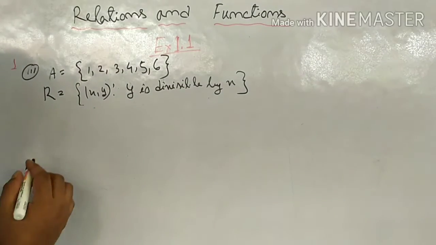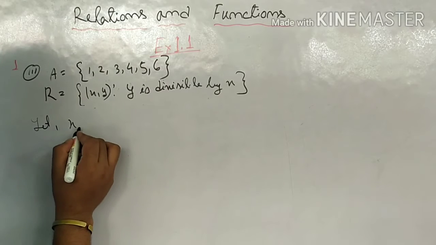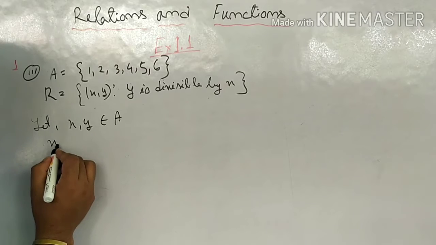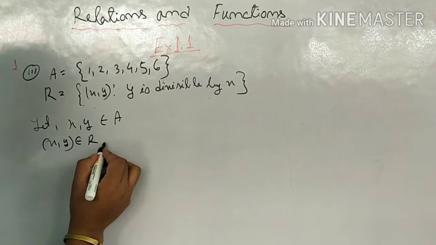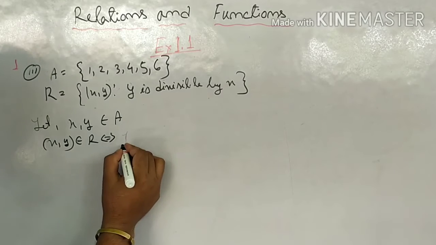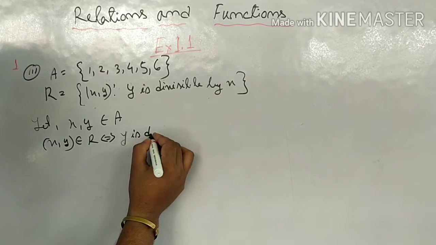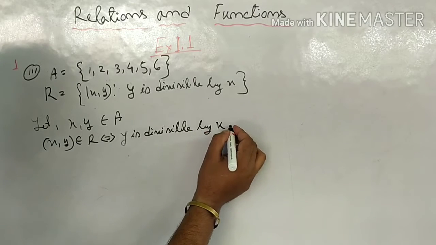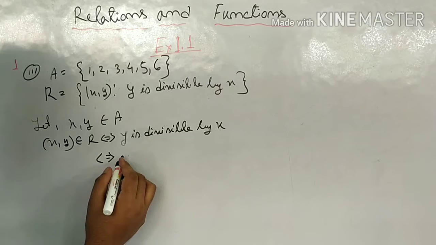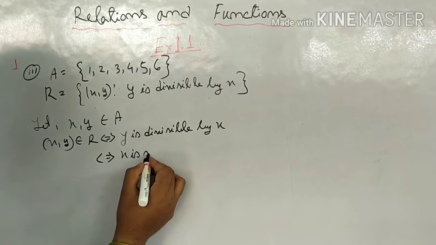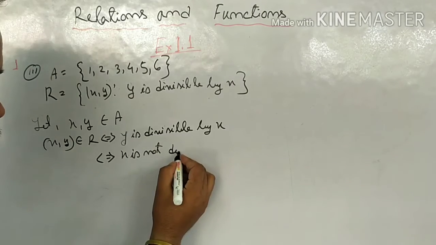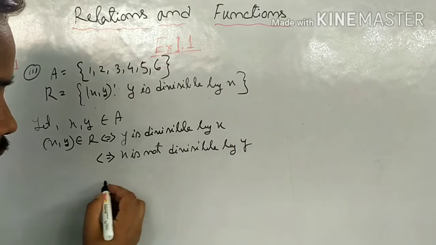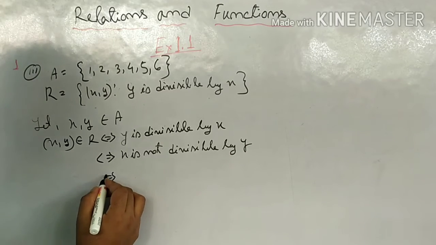Now let x, y belong to A such that (x, y) belongs to R. Therefore according to the relation, y is divisible by x, but x is not divisible by y, because x and y are different.